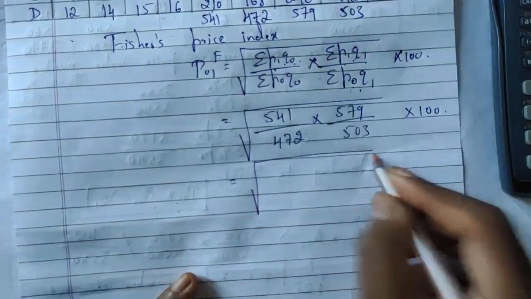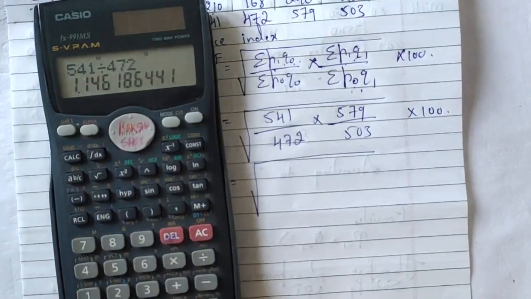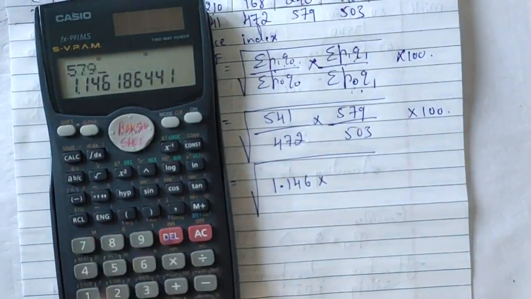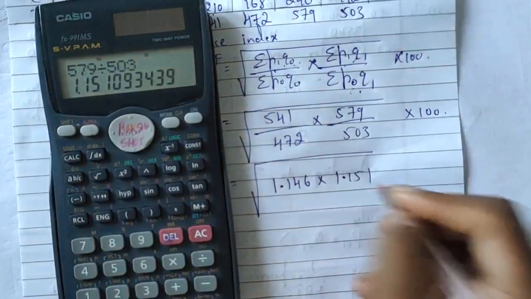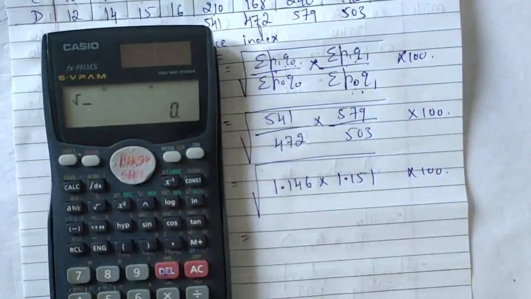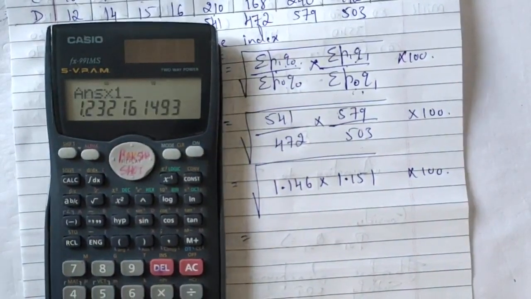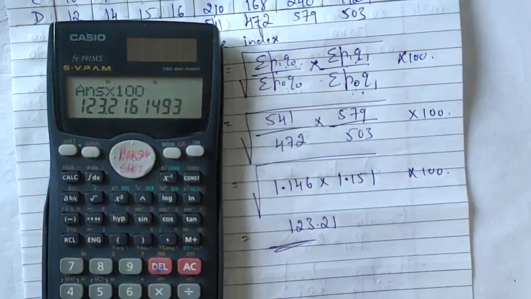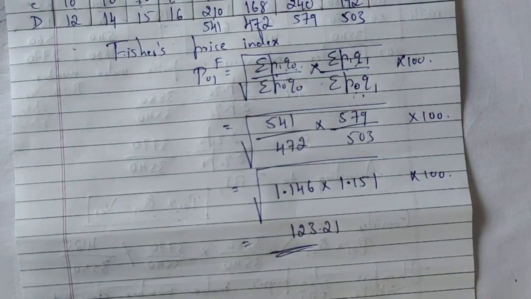So this is equal to square root of 541 divided by 472, the answer is 1.146, into 579 divided by 503, 1.151, into 100. So Fisher's price index number is 121.21.